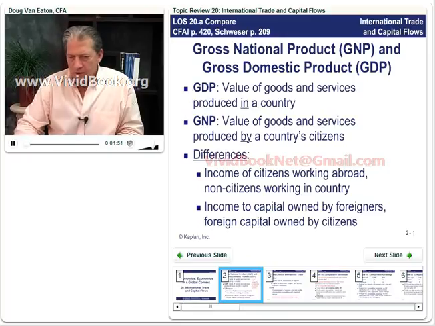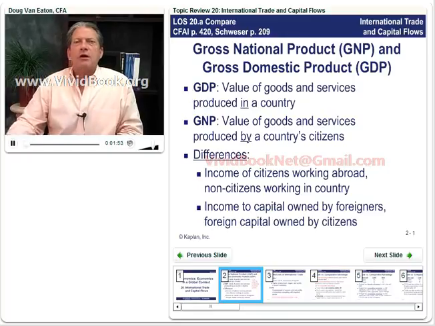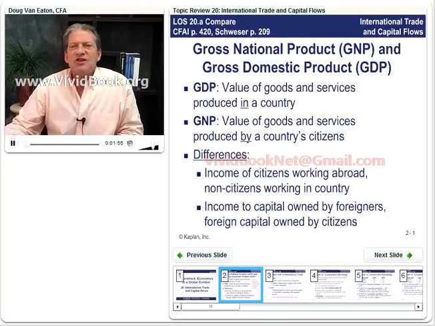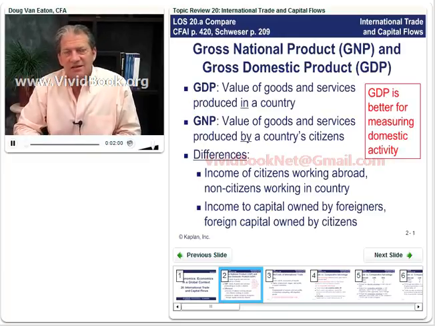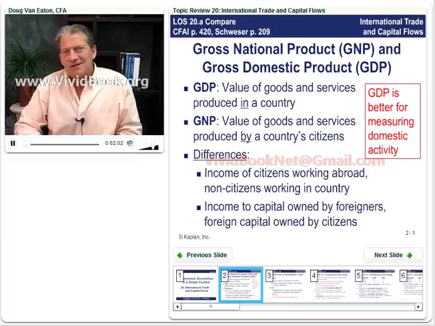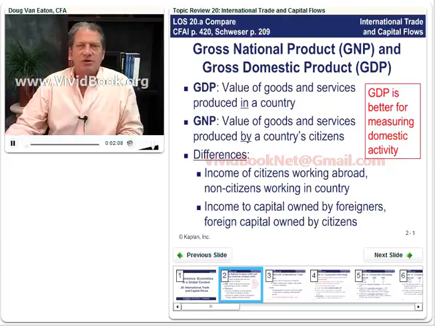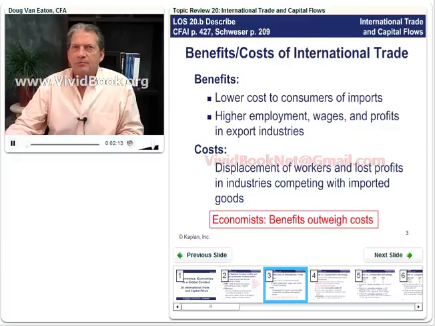And you should remember here that between the two, GDP is going to be the better measure for measuring economic activity of a country. Okay? GNP is a little bit different, not as good on telling what's going on within the country because it excludes the foreign workers and foreign capital in that calculation.